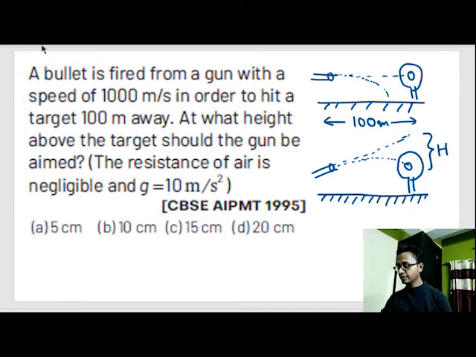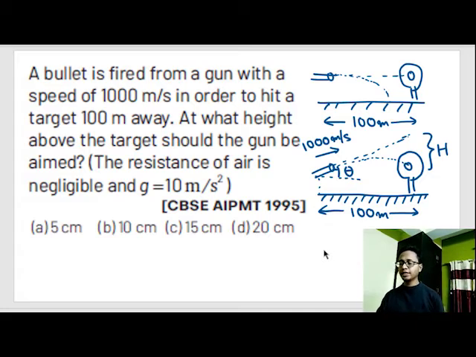If this gun is looking out here and firing, the angle the gun makes with the horizontal would be theta, and the velocity of the projectile would be at an angle of theta. The velocity of the projectile is given as 1000 meter per second, and the target is 100 meters away.